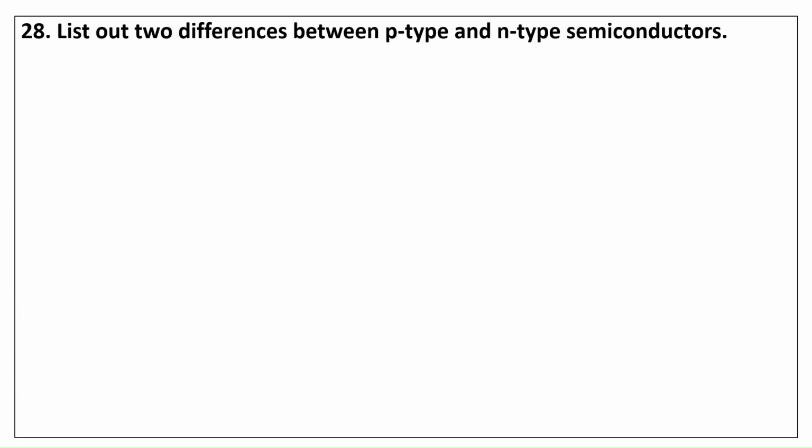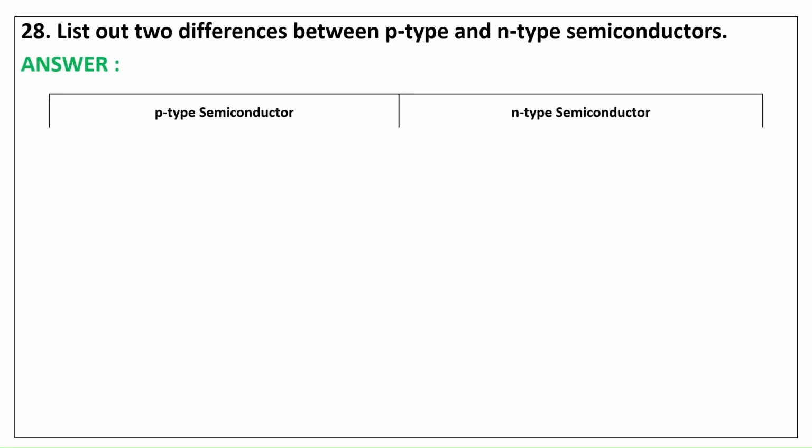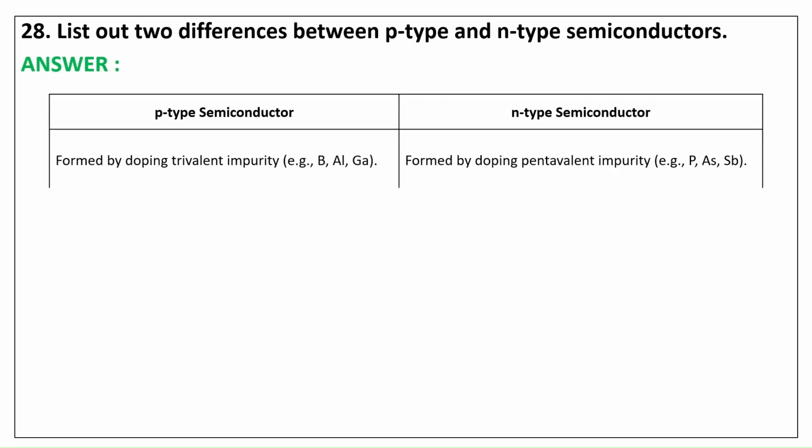Next. 28. List out two differences between p-type and n-type semiconductors. Answer. P-type semiconductor is formed by doping trivalent impurity. For example, boron, gallium, aluminium, etc. N-type semiconductor is formed by doping pentavalent impurity.